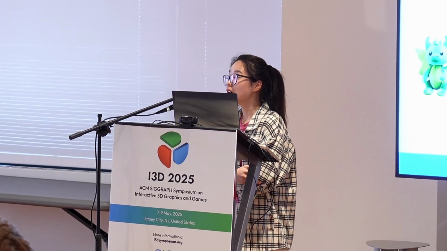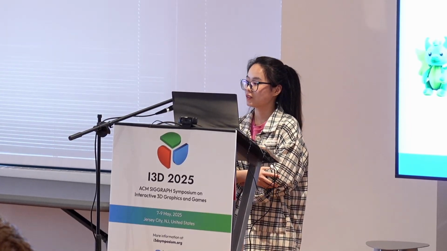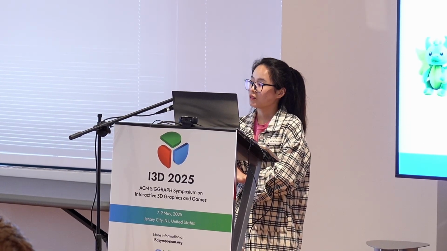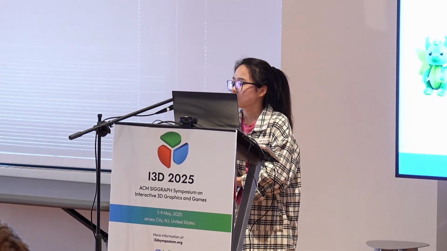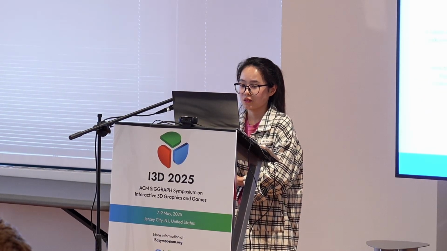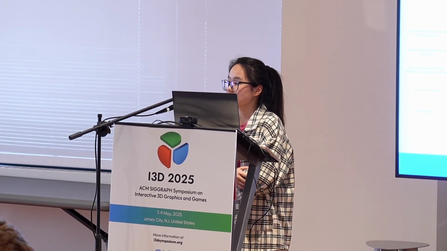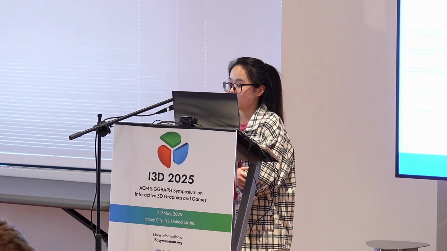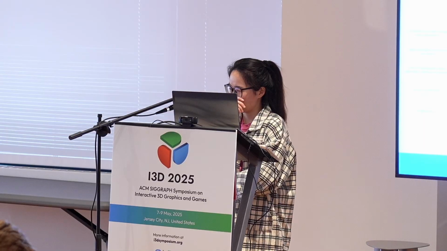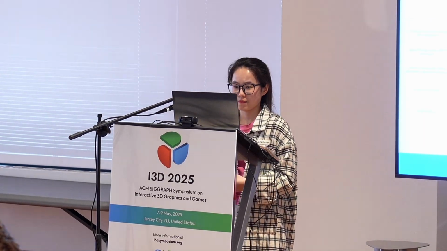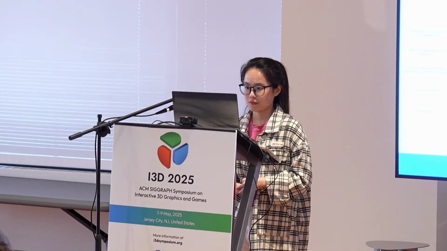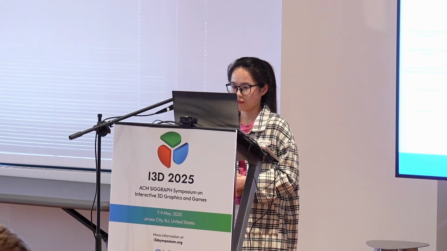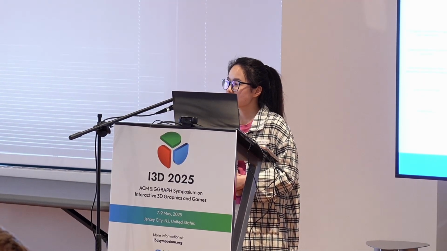I might have missed some of the details, but since you compared with Dream Gaussian, is there any specific reason your model outperforms Dream Gaussian in runtime or some other parameters? And my second question is, since you mentioned the comparison is not just from text to 3D, I think it's the next slide.